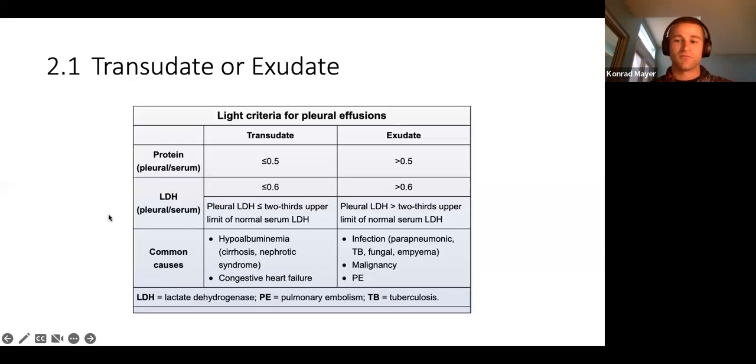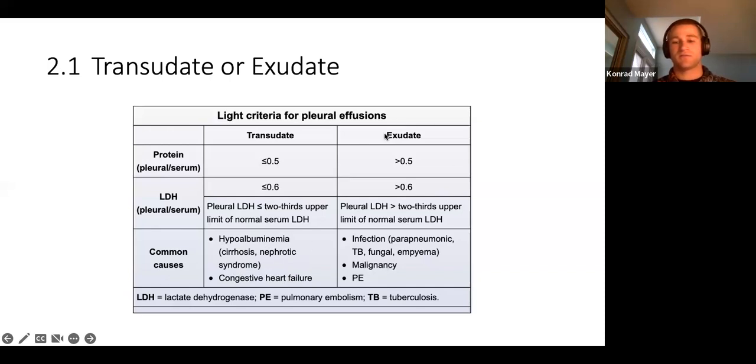And when you're on rounds in a hospital with your attending, this is a very popular question because it lays the groundwork of how we approach this pleural effusion. Is it a transudate or is it an exudate? Exudate is far worse, and transudate, not good, but could be worse. The main causes of a transudate are congestive heart failure, cirrhosis, and nephrotic syndrome.